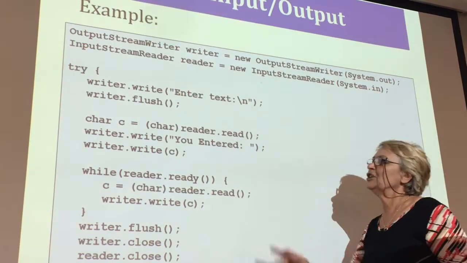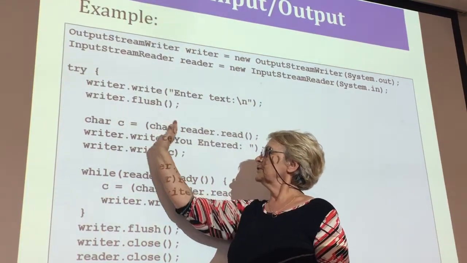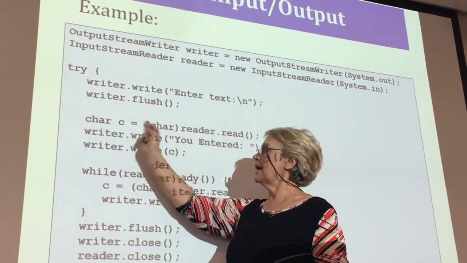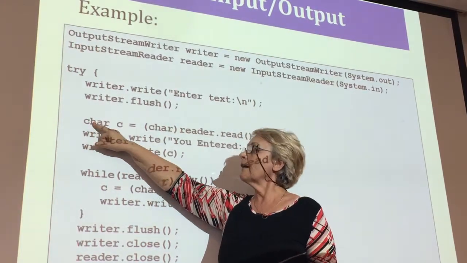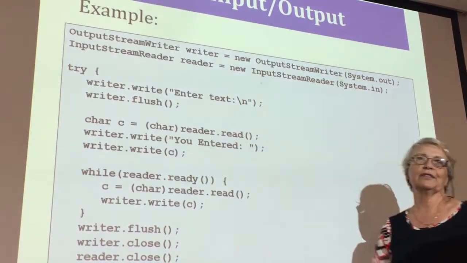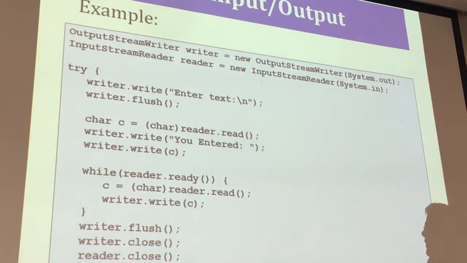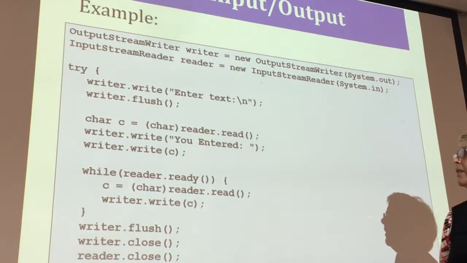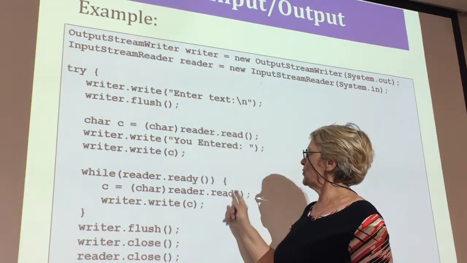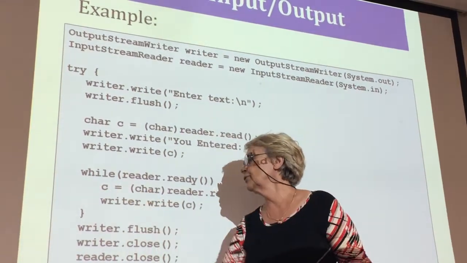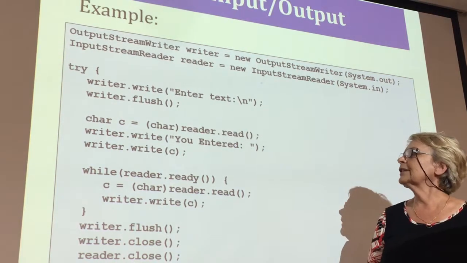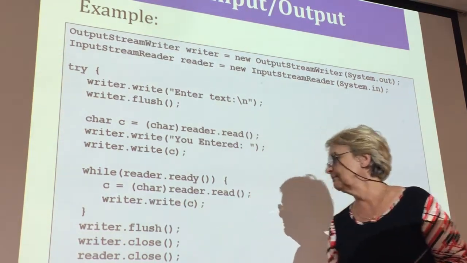For reader, because this is read as a byte and you want to store it in a character, you have to force the system to convert it to a character. As you can see here, whenever you invoke read, you have to convert it to either character, int, or float.